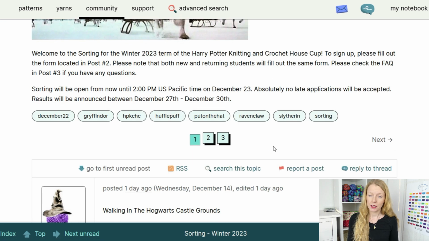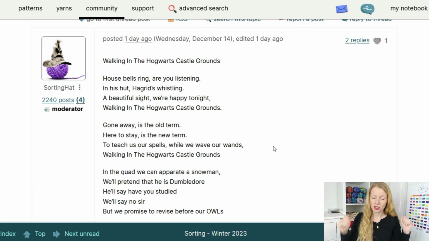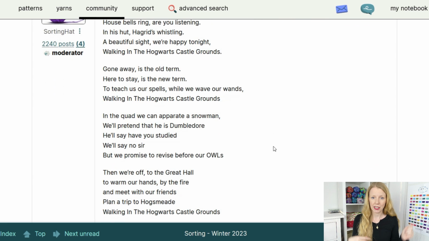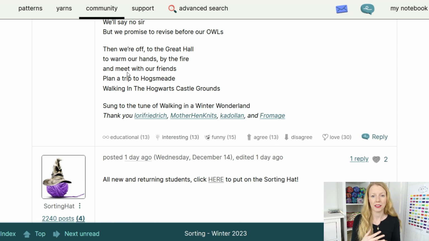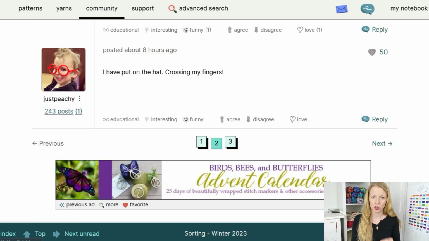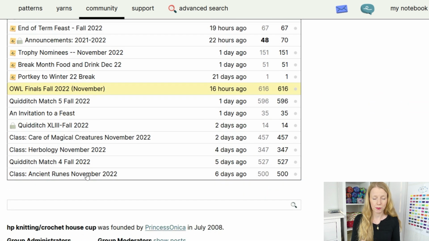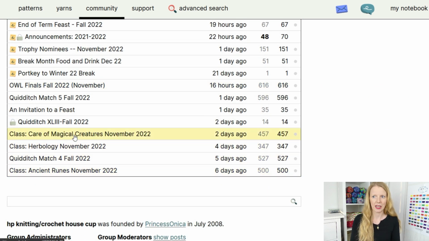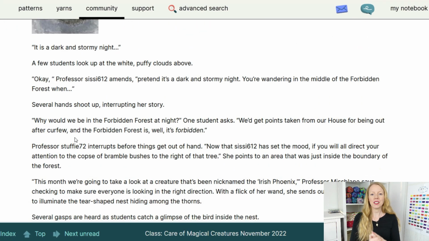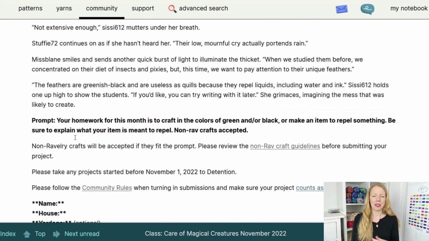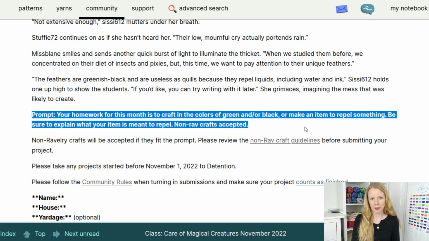Sorting is when you put on the hat. I participated in sorting now, and sorting is still open. That's why I talk about it today. I don't think it's open very long, so if you're interested and you want to play along, you have to ask for sorting. That means you apply to participate in this game, and you will always be able to participate, but you have to do the sorting.